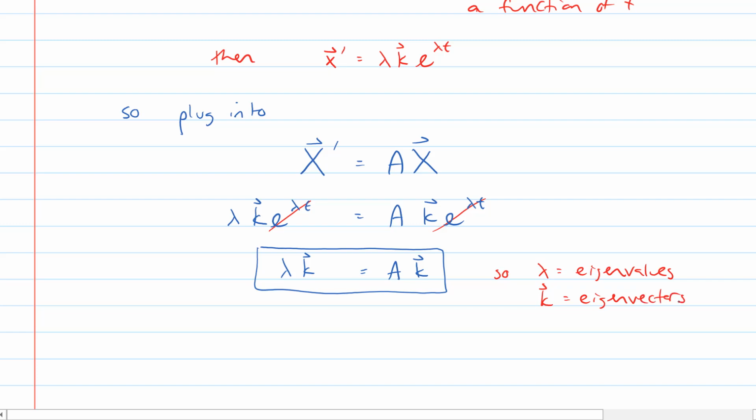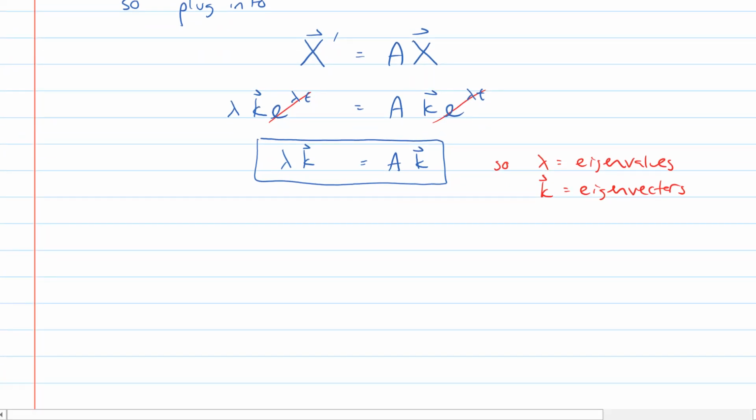Remember what eigenvectors and eigenvalues are. That if I take a matrix A and I multiply it onto an eigenvector, then I just get a multiple of that vector. So if you take a look at this, there are four different cases.